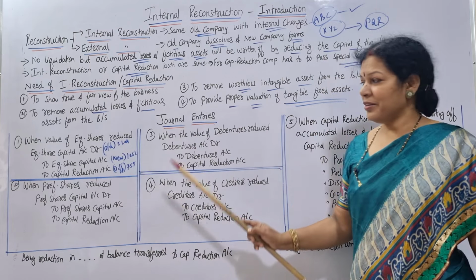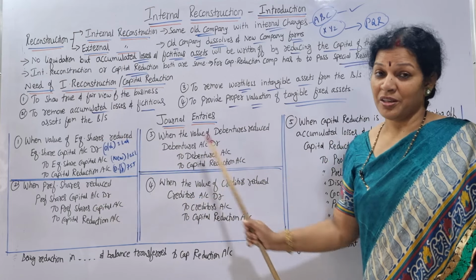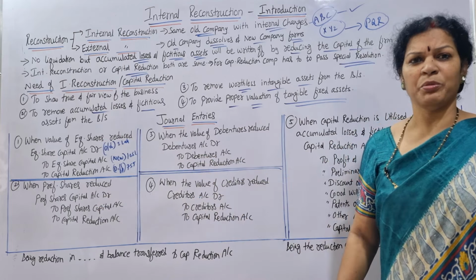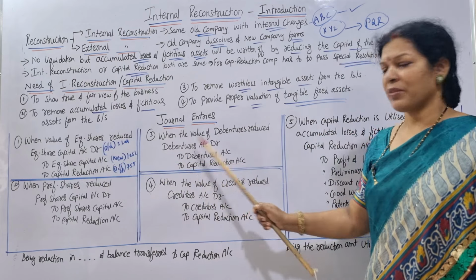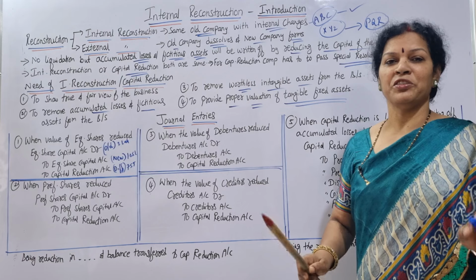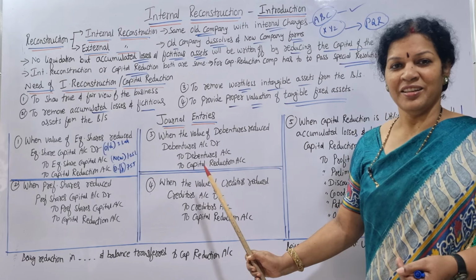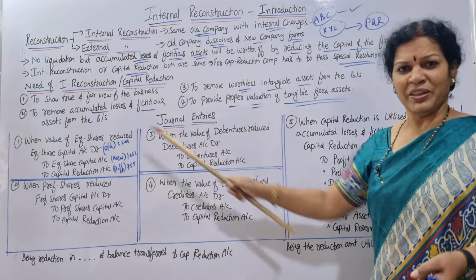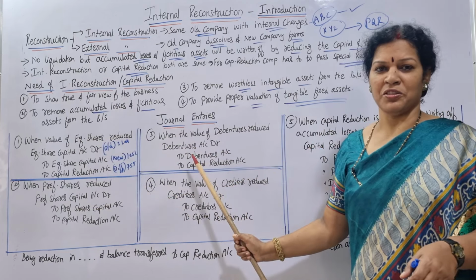And third one, after equity shares and preference shares, now debentures reduced. We'll replace equity shares with debentures. Debentures account debit, to capital reduction account. Easy, no? Same as this one only. We are only replacing equity shares, preference shares, debentures.